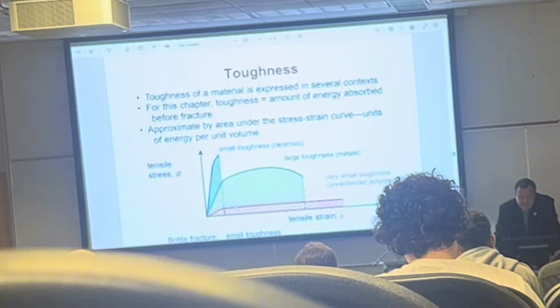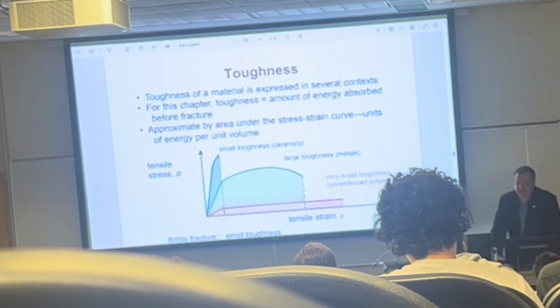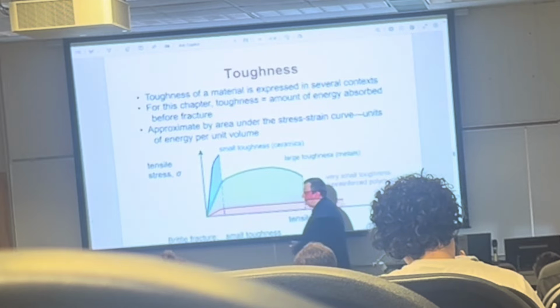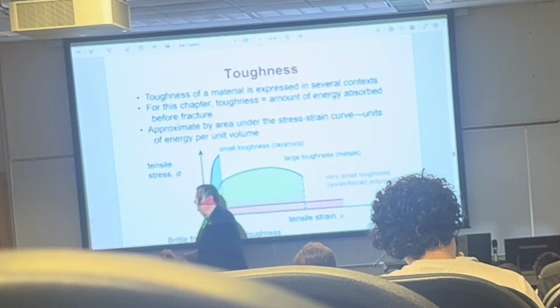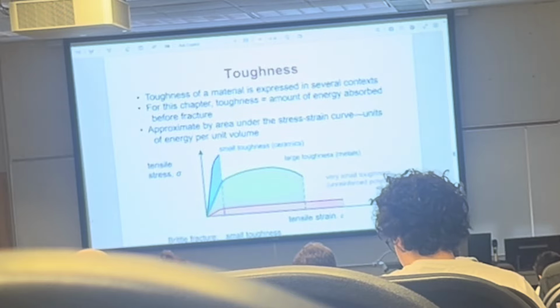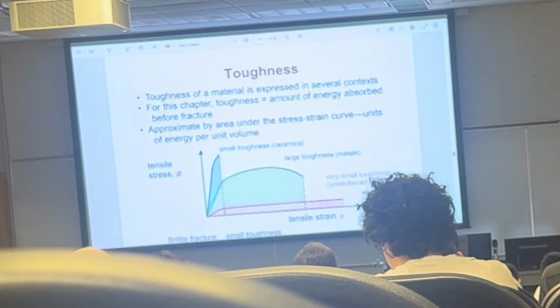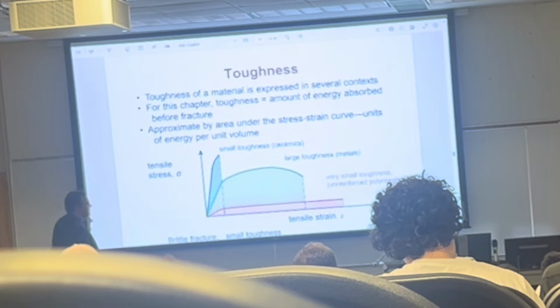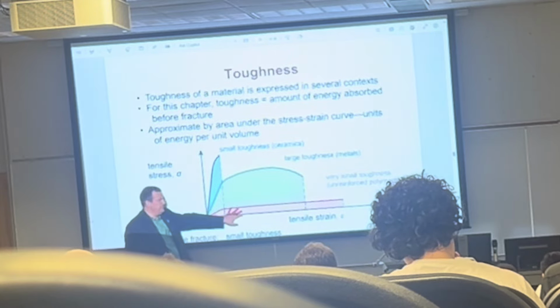Another parameter is called toughness, and it is the energy that is absorbed in the material before fracture. Toughness is the area under the whole stress strain curve to failure. We take this whole curve and we integrate it.